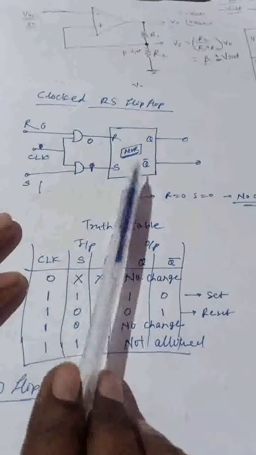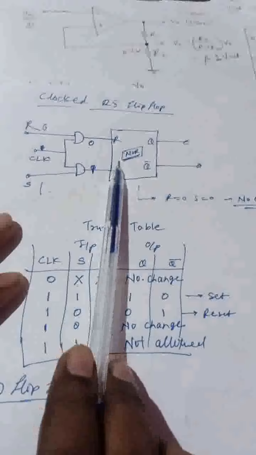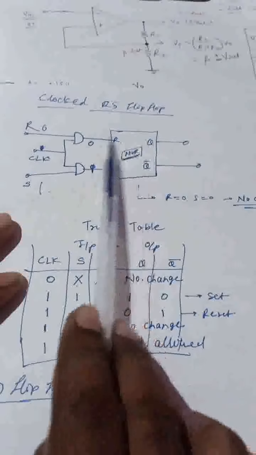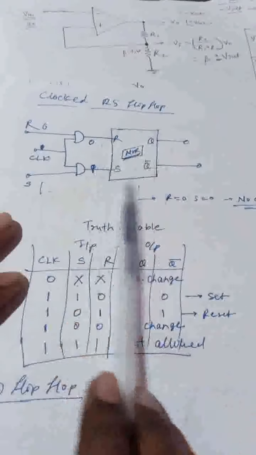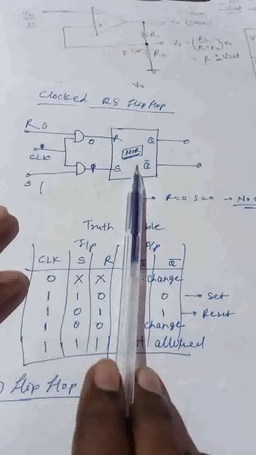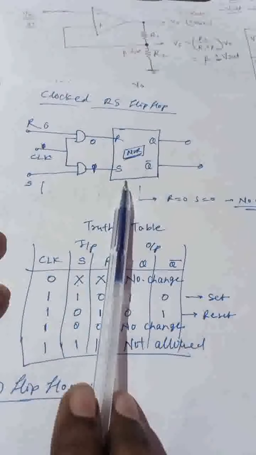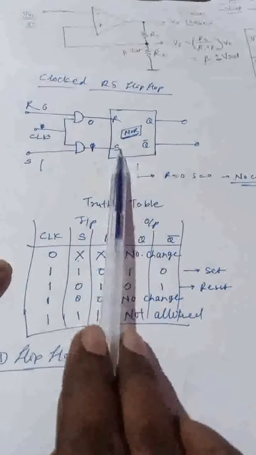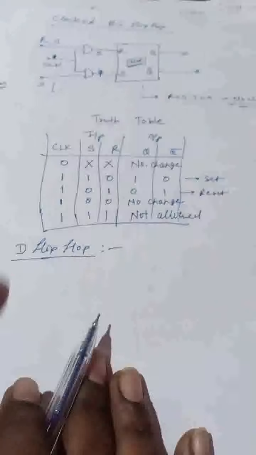If the flip-flop is reset, it stores Q equal to 0 and Q bar equal to 1. So this flip-flop is a unit memory, used to store 1 bit. Like that, in a memory card a lot of flip-flops are used, storing 1 or 0. So this flip-flop is called a 1 bit storage unit cell.